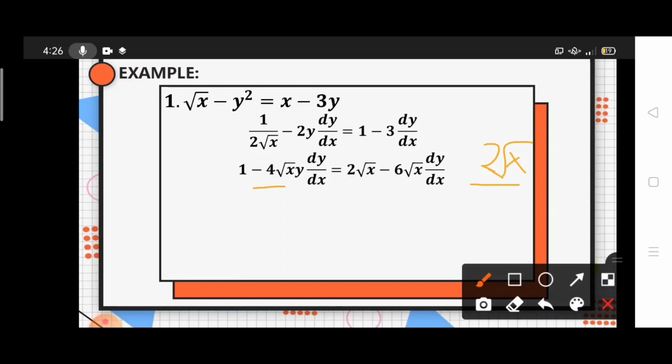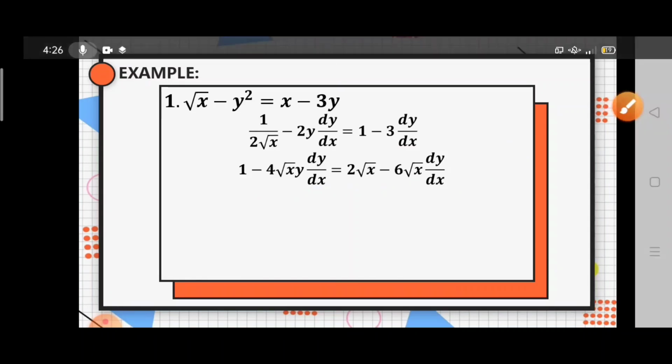Negative 2 square root of x times 1 is equal to 2 square root of x, and negative 2 square root of x times negative 3 dy over dx is equal to negative 6 square root of x dy over dx. Now let us isolate dy over dx using the additive inverse.